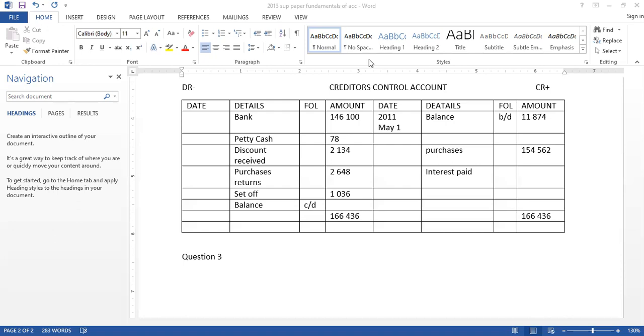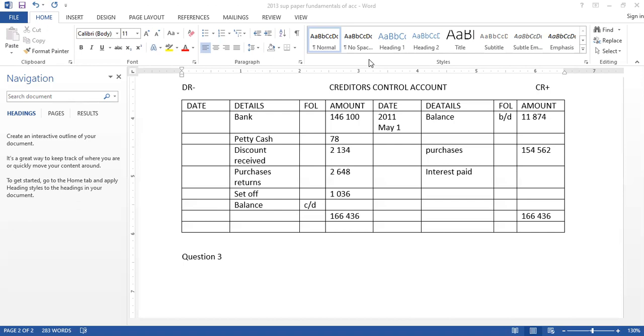So we'll need to compare the sides. The first thing is to compare the sides. You look at the debit side of your supplier statement and the credit side of your ledger account, and compare the amounts. Then you identify which amounts are not appearing in the supplier statement or in the creditor's ledger.